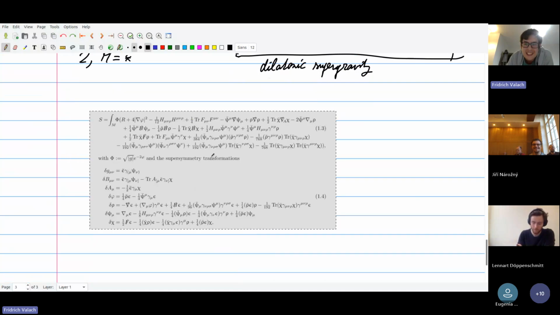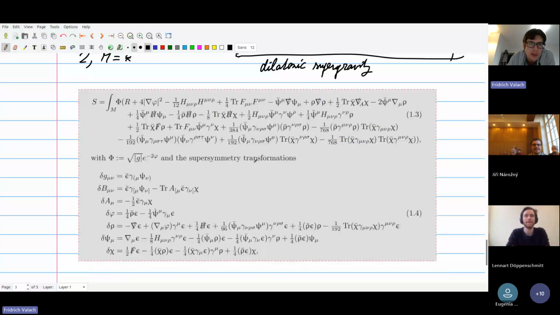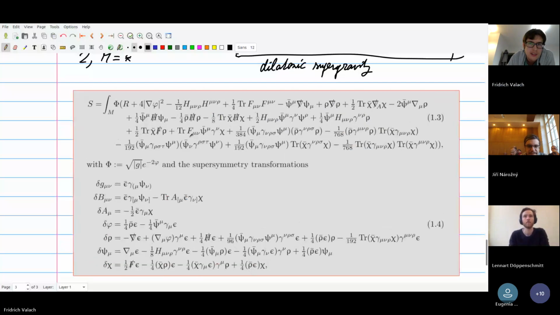So this is how, if you reduce the theory that I wrote down in terms of ordinary variables, like G, B, A, phi, rho, and so on, then the theory looks like this, just to give you an impression.